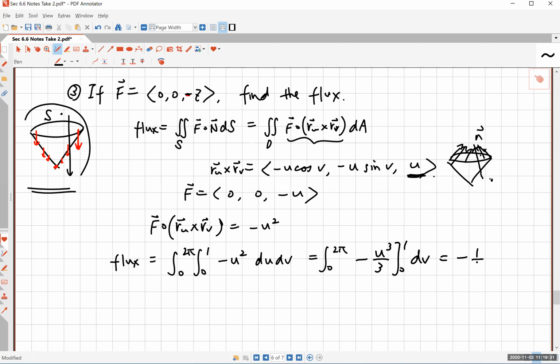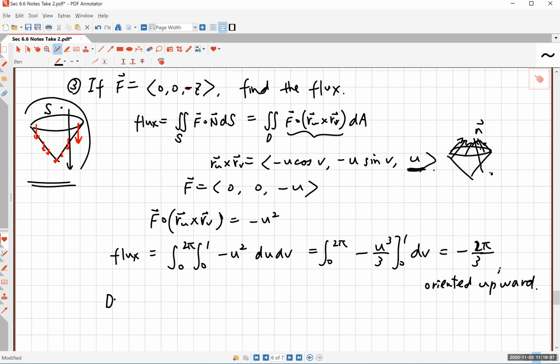And that, of course, is negative 1/3 times 2 pi. It's negative 2 pi over 3. All right. Oriented upward. So that means the downward flux is 2 pi over 3 over this entire filter. Okay, so that's how you can calculate a thing like this.